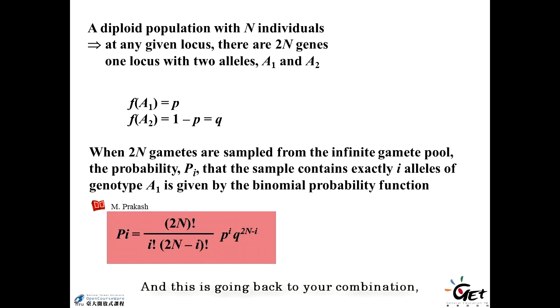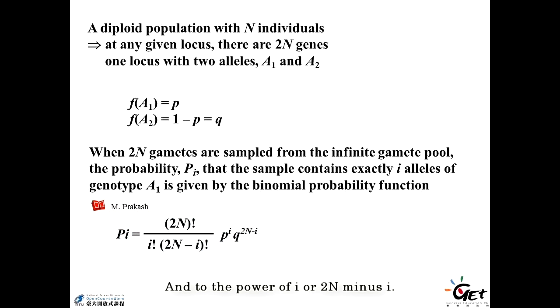Go back to your combinations: it is 2n factorial in the numerator over i factorial times 2n minus i factorial in the denominator. This is then multiplied by the frequencies p and q, to the power of i, or 2n minus i.